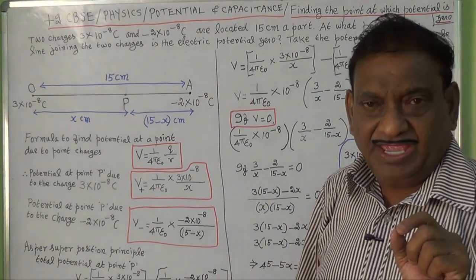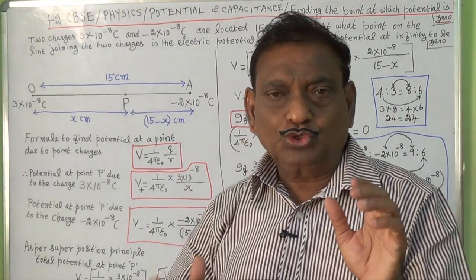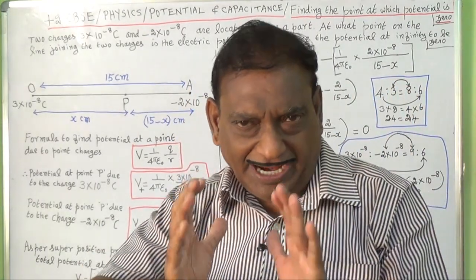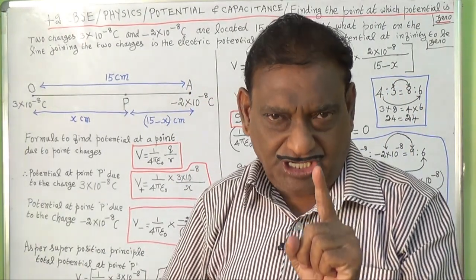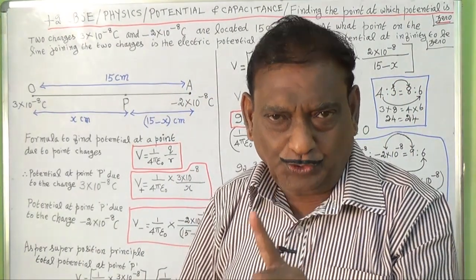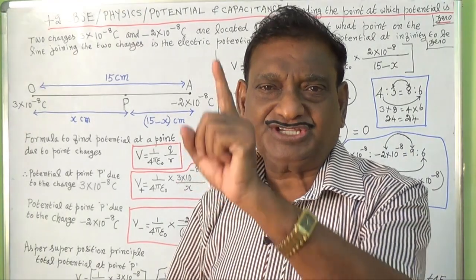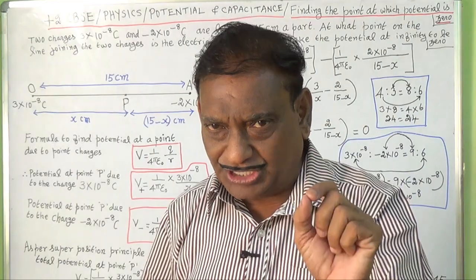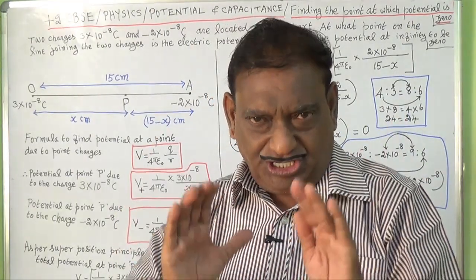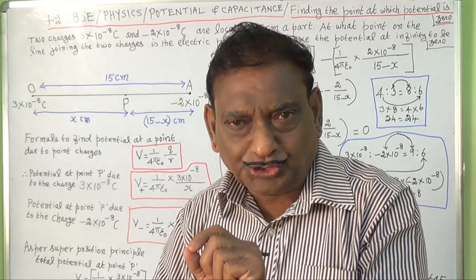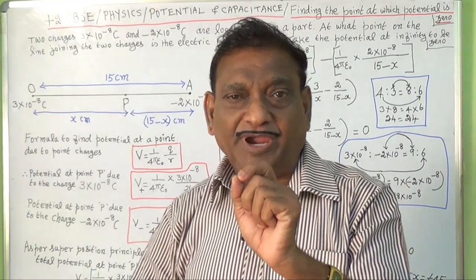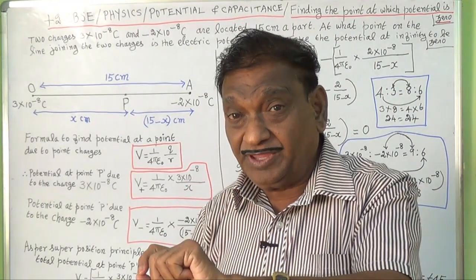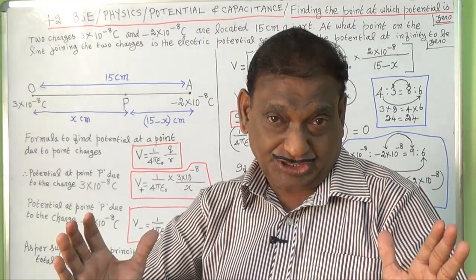That is, in the sum, two charges have been provided. One charge is 3 into 10 to the power of minus 8 coulomb. That is the positive charge. Another charge is minus 2 into 10 to the power of minus 8 coulomb. It is the negative charge.